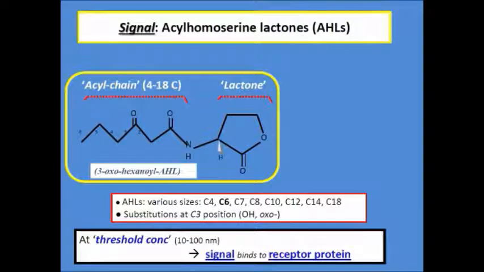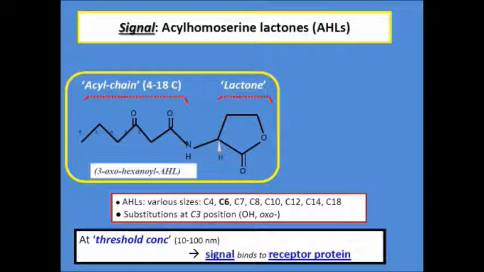The AHL is a pretty simple molecule. It's composed of a lactone and an acyl chain that varies in length from 4 to about 18 or 20 carbons. And the length and number of substitutions on this acyl chain will give it an identity.